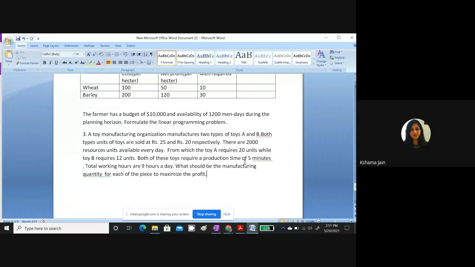What should be the manufacturing quantity of each to maximize the profit? Noted, everybody? Okay, I give you 5 minutes, write its formulation. I will call any random name, it should not happen that only 3 to 4 are answering. Whoever I call should be able to answer.